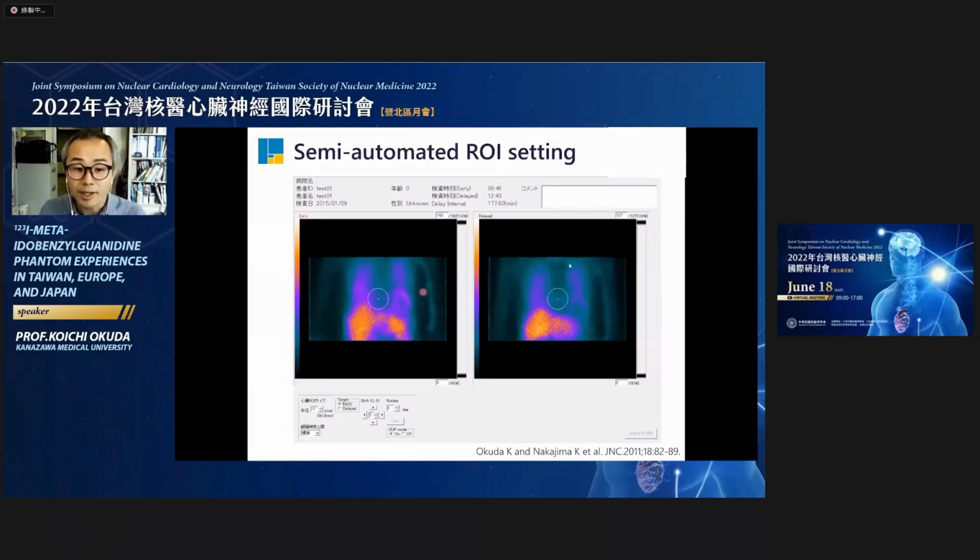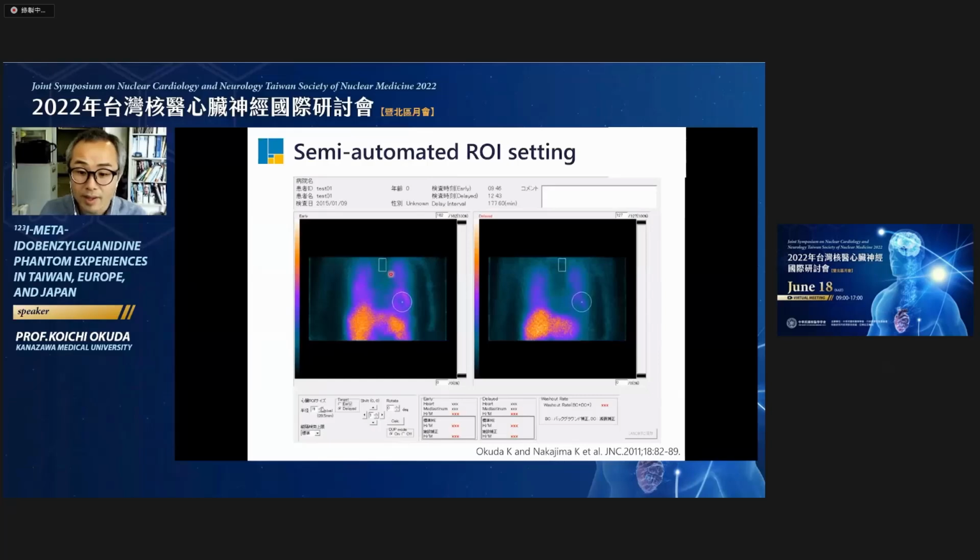First, early and delayed planar images are imported. Next, we move the cardiac circular ROI to the center of the heart. Consequently, the mediastinal ROI is automatically delineated at the upper mediastinum.